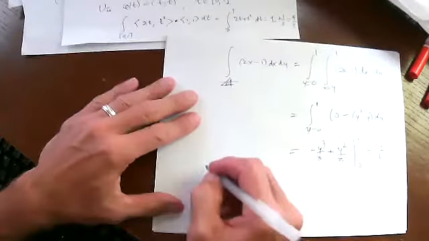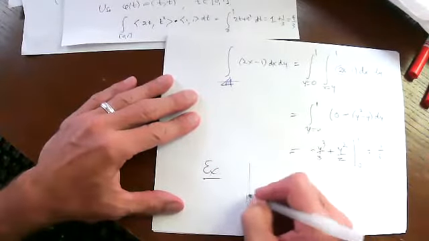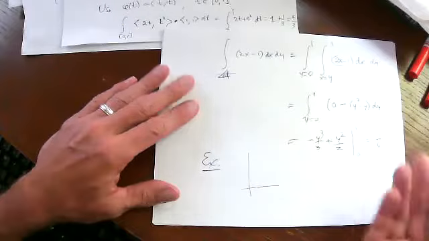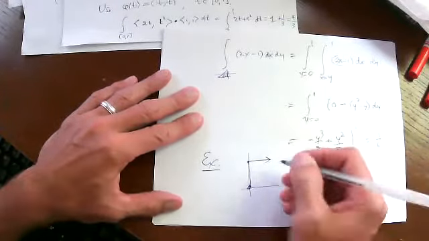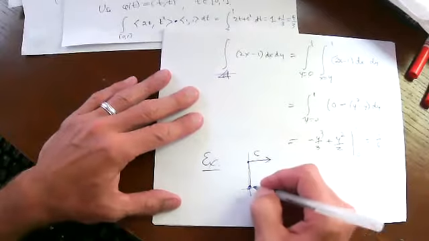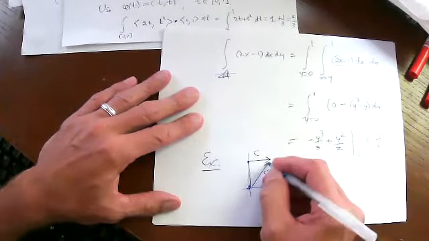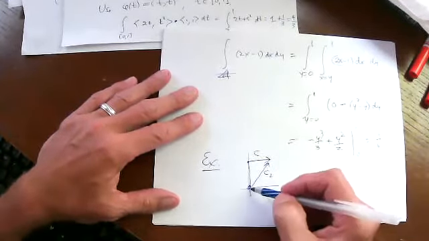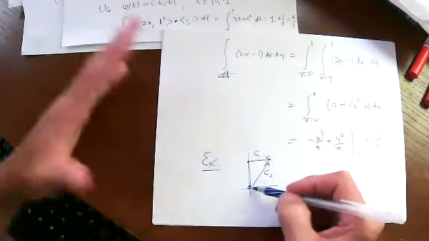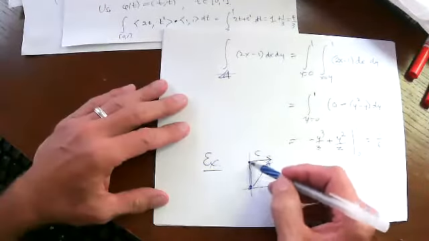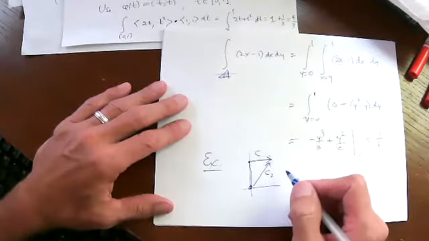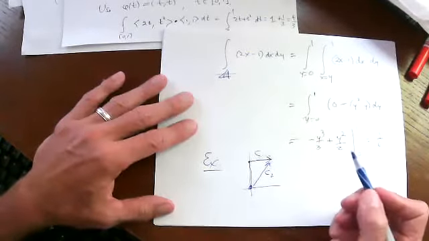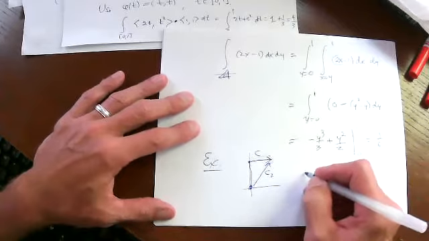If I asked you to compute the same line integral, same vector field, but with this path for C, and you decide to replace it with this C2, then if you take the original integral minus the integral over the new path, you'll have gone around the triangle clockwise instead of counterclockwise. I know how to deal with that, but you do have to remember to put in a minus sign in that case.